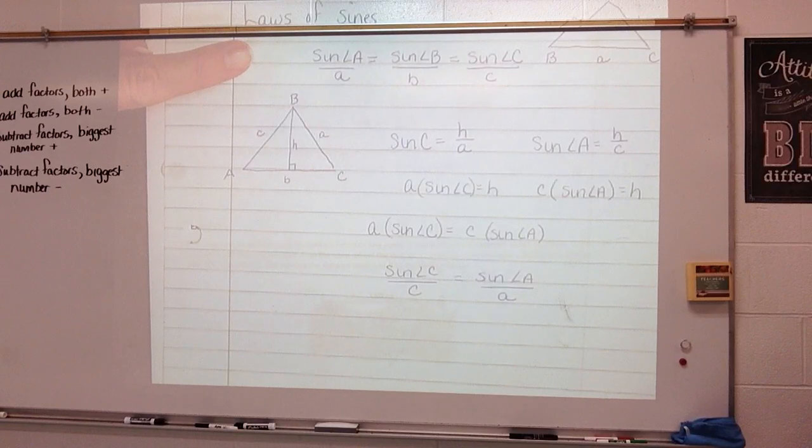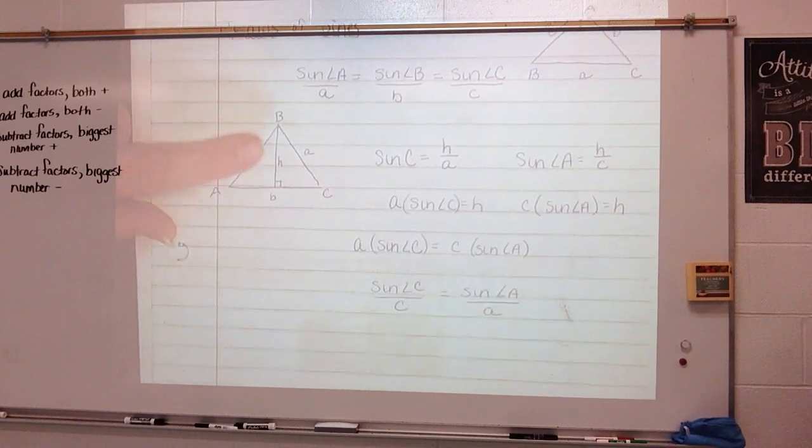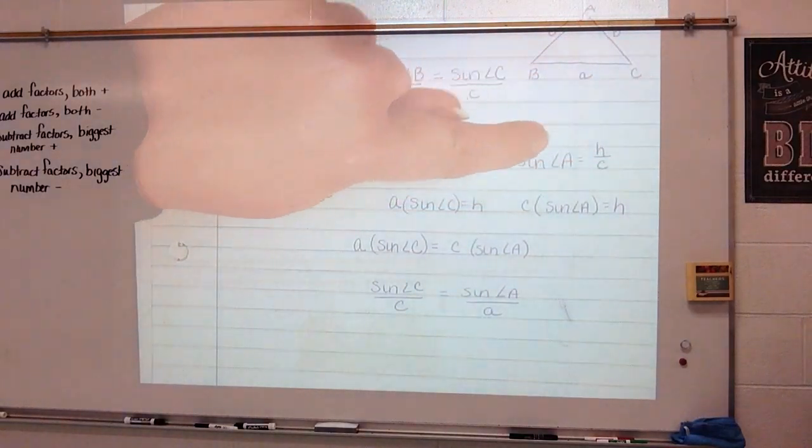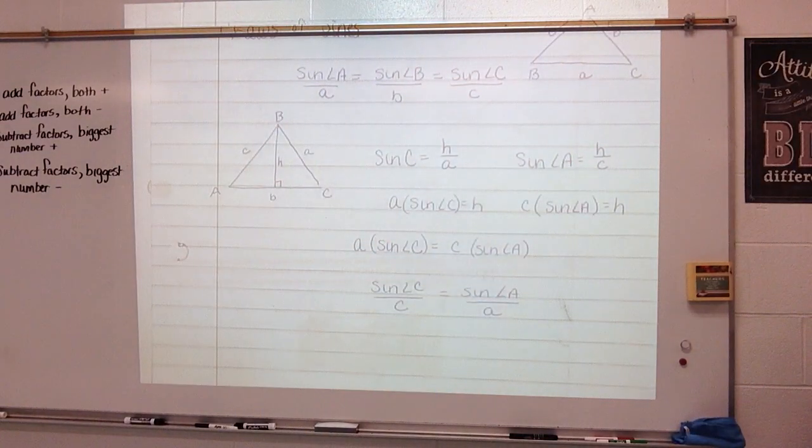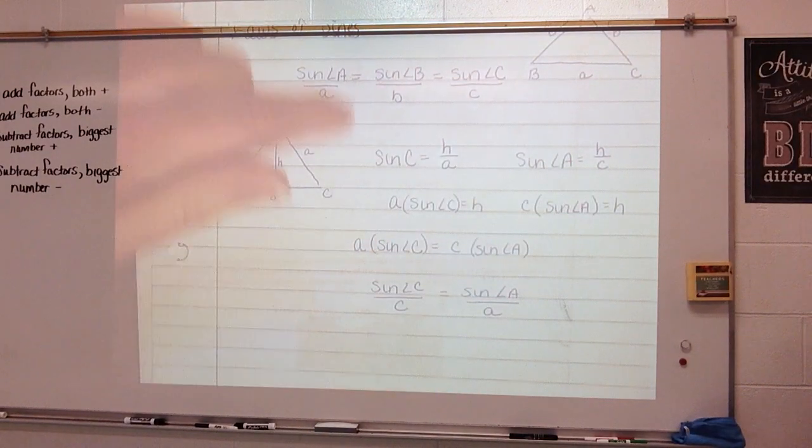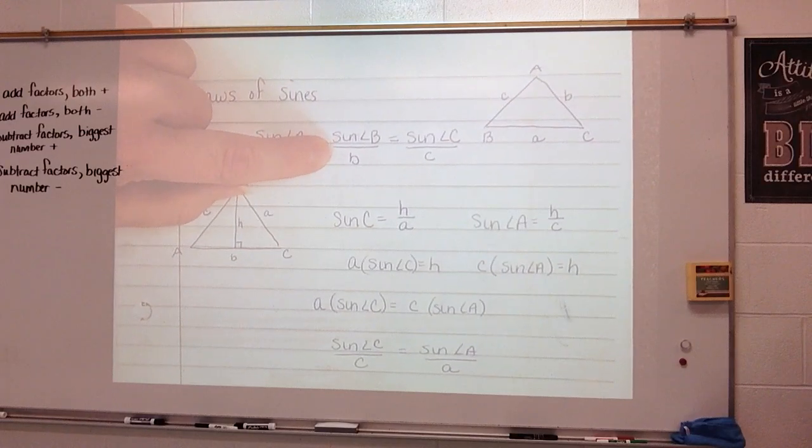What do we need to show in order to complete the proof? The next thing we need to do is show that all of this is equal to the sine of angle B over b.